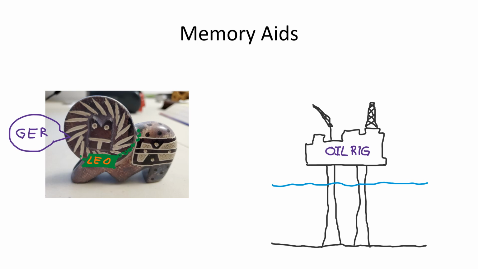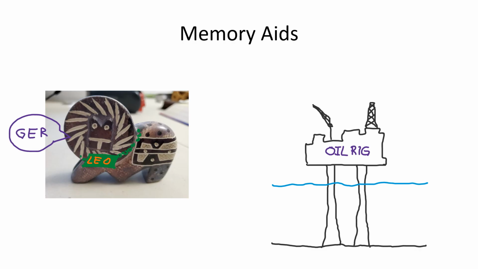Okay, so some students need help in remembering these new terms because they're a bit counterintuitive, especially the reduction one. Because when you hear reduction, it sounds like there's less of something, right? Something's reducing. But it's the opposite with redox reactions, because reduction is the gaining of electrons, where oxidation is the loss.